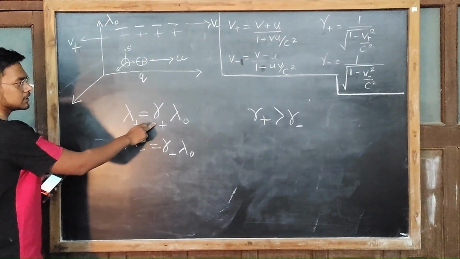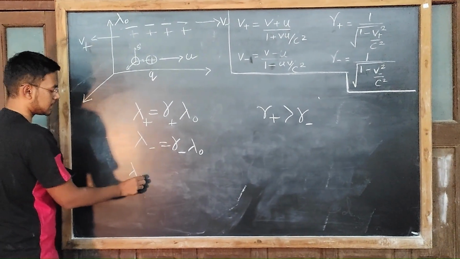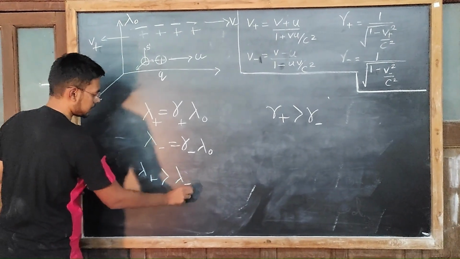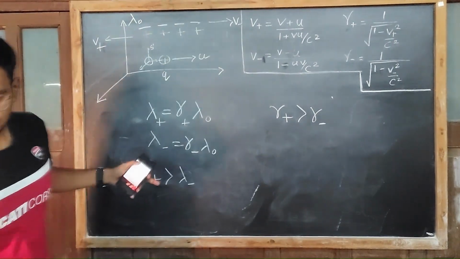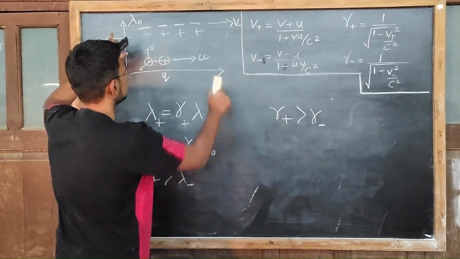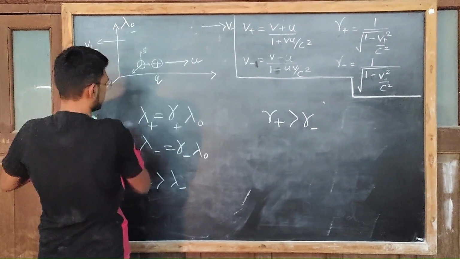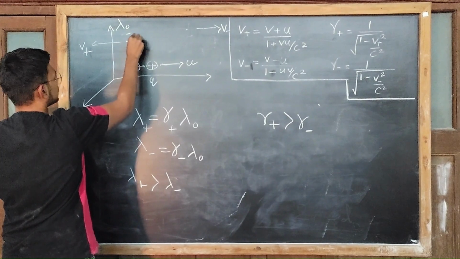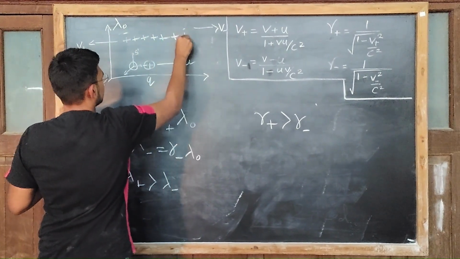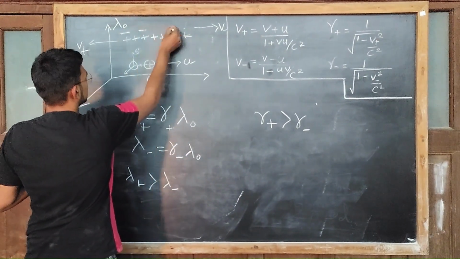As gamma plus is greater than gamma minus, lambda plus will be greater than lambda minus. So the densities here will now not be constant. The density of positive charges will be greater as compared to the density of negative charges.